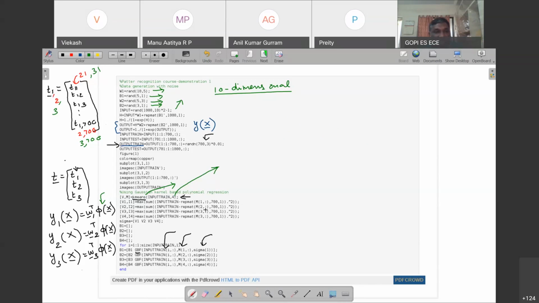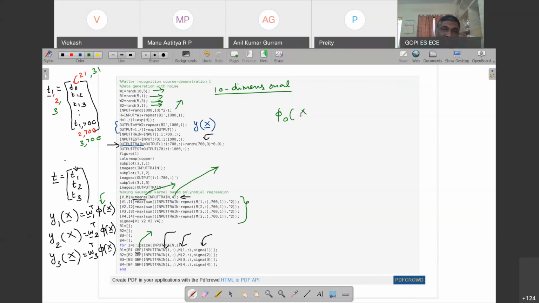This is the way we can find the variance for each individual basis function. Now you are going to construct the matrix and then find the w's in each case. The GBF is a function already written by myself that returns the basis function value.